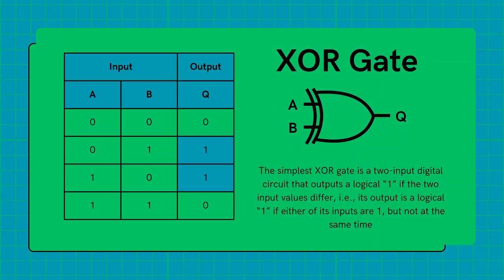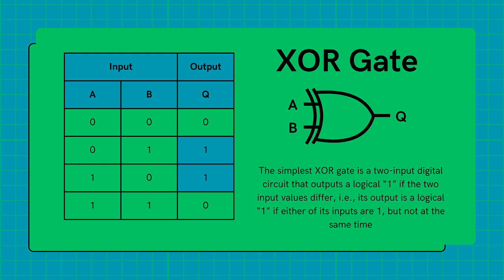So we have the XOR gate. The simplest XOR gate is a 2-input digital circuit that outputs a logical 1, that is a high signal, if the two input values differ, that is, its output is a logical 1 if either of its inputs is 1 but not at the same time.